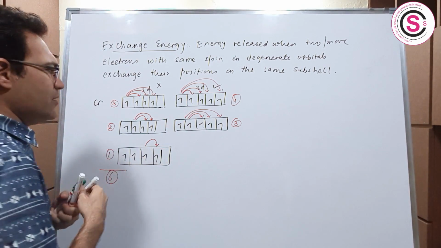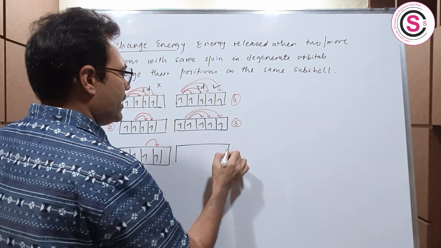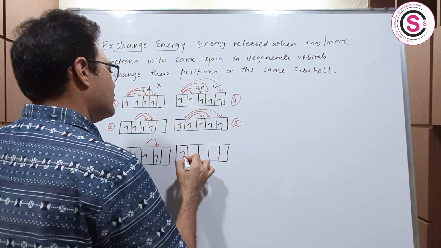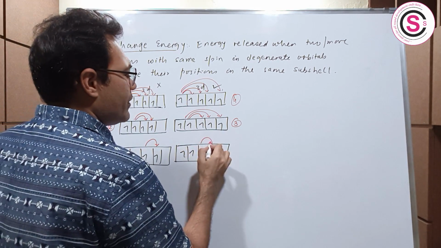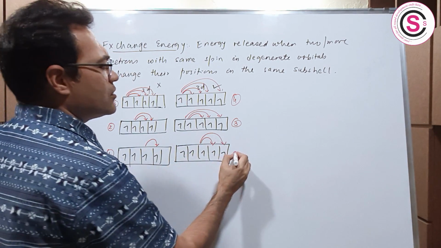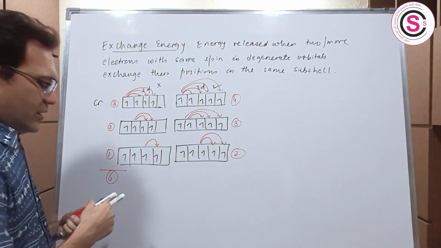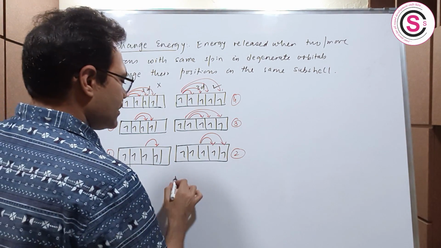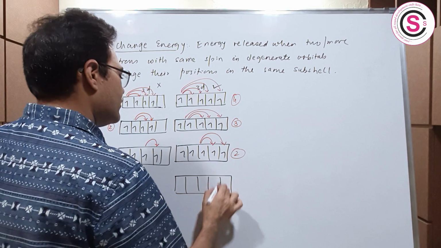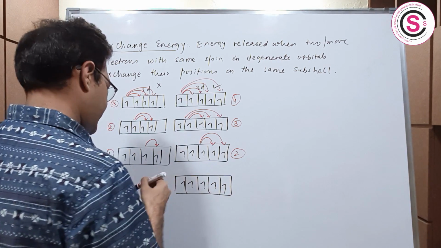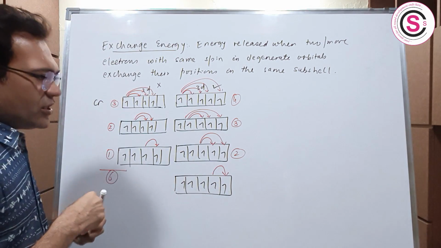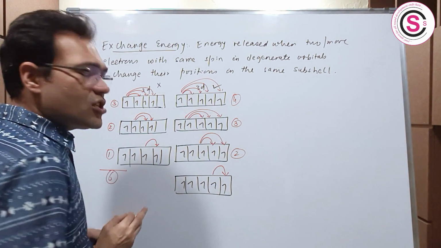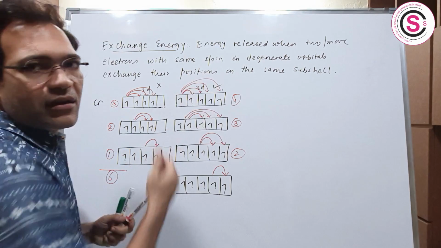Let us consider the exchange of the third electron. See students, it can be exchanged here, it can also be exchanged here, so we can have two exchanges, right? Let's consider the exchange of the fourth electron. See, the fourth electron can only be exchanged here because all other exchanges of the fourth electron have been covered in the earlier cases.